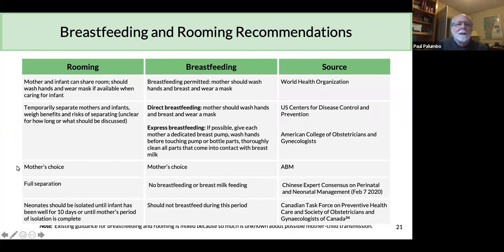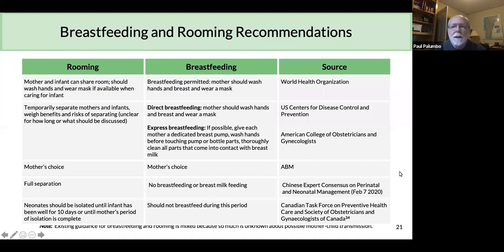So this is a very interesting slide because it shows the wide variety of recommendations out there for breastfeeding and rooming of mother-newborn pairs. In the left-hand column, these are rooming recommendations. In the middle column, breastfeeding recommendations.